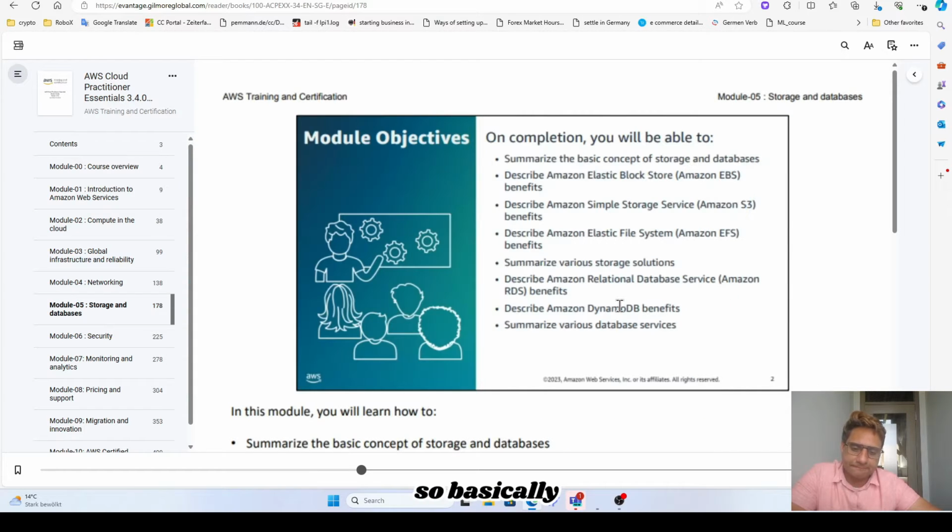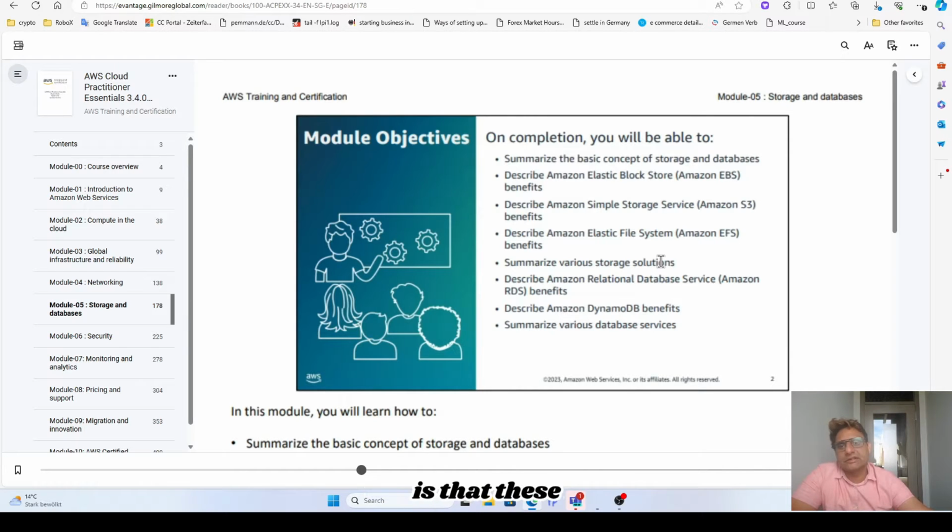So basically, for the storage of any object or any file or any kind of data, you always need some storage. In this connection, Amazon provides different storage options plus some services to manage those options.